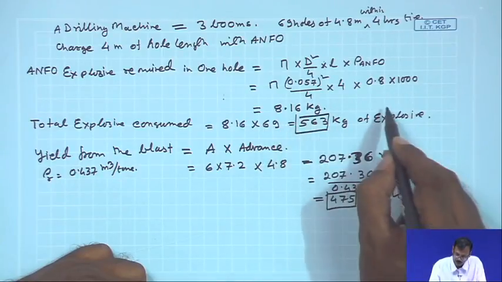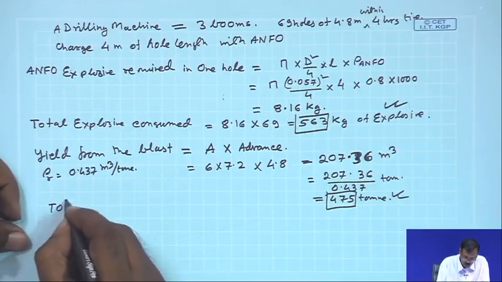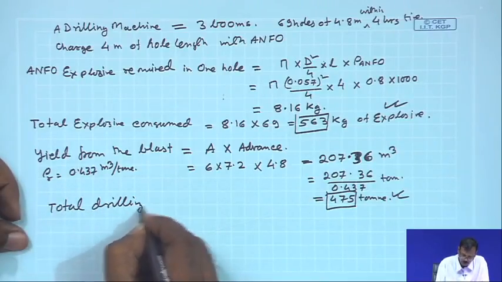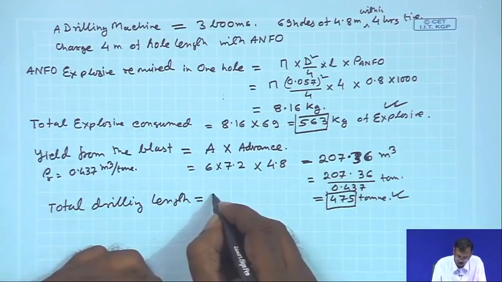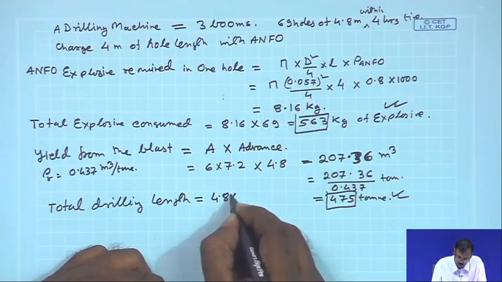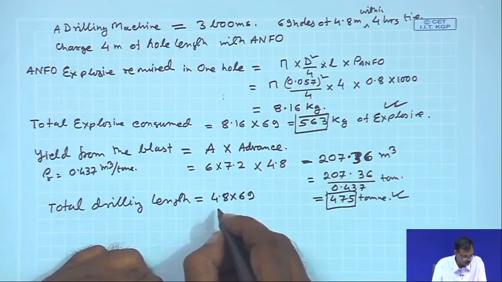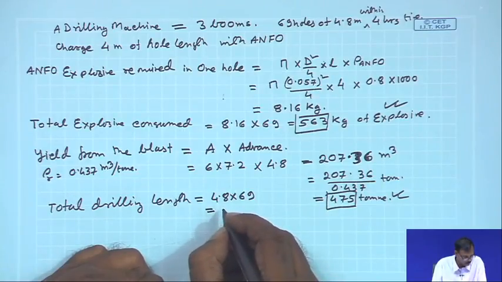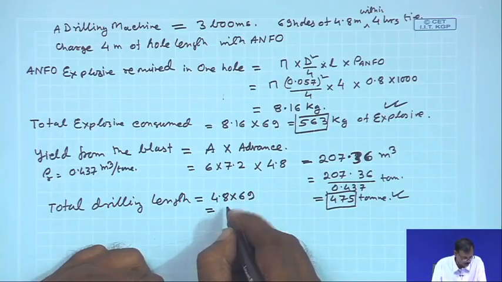563 kg is the explosive consumption, and total drilling length is equal to 4.8 into 69.